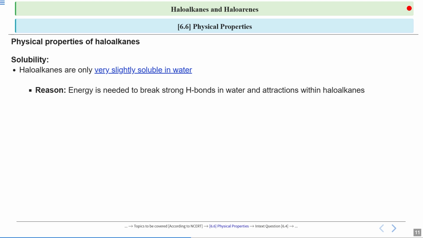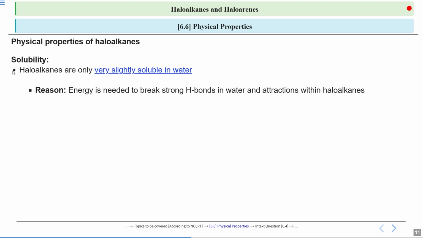So this weak interaction does not compensate for the energy that is required to break the hydrogen bonds, due to which only a small amount of haloalkane is dissolved in water.